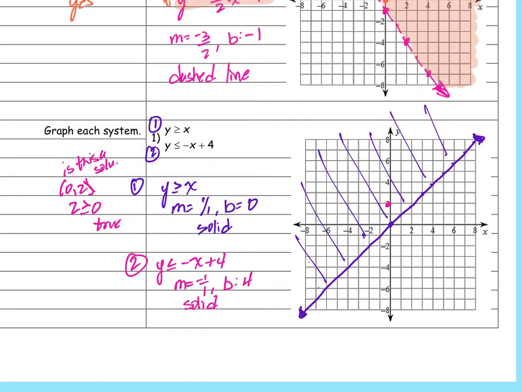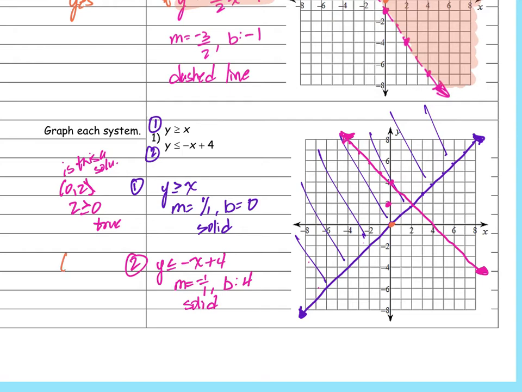Okay, so I'm going to start at 4 this time. Start at 4, do negative 1 over 1. So up 1, back 1, up 1, back 1. And it's a solid line here. Now I need to pick a point that's not on this line, and I'm going to pick 0, 0 because it's not on the pink line.